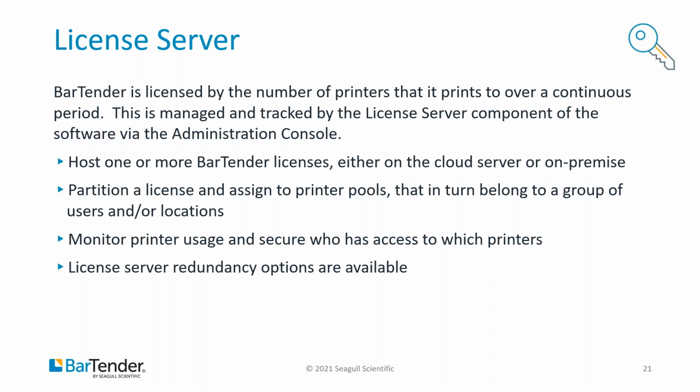Of course, the administrator would need to make sure that users of the BarTender software that are running on premise have access to the service and the port on which that service is exposed, so that they can get their printer licensing from the license server that's hosted centrally in the cloud.